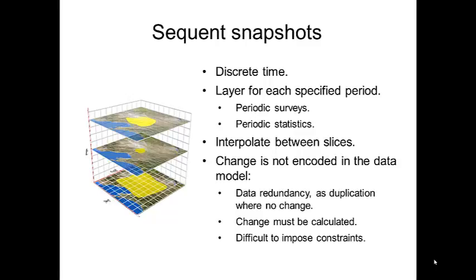So when you've got periodic surveys, this is quite a good model. Also, if you're calculating periodic statistics that you're distributing to people, it's a good model as well. For example, monthly mean temperature at a global level. That's a good model because for each month you calculate one layer, and that's what you're talking about.